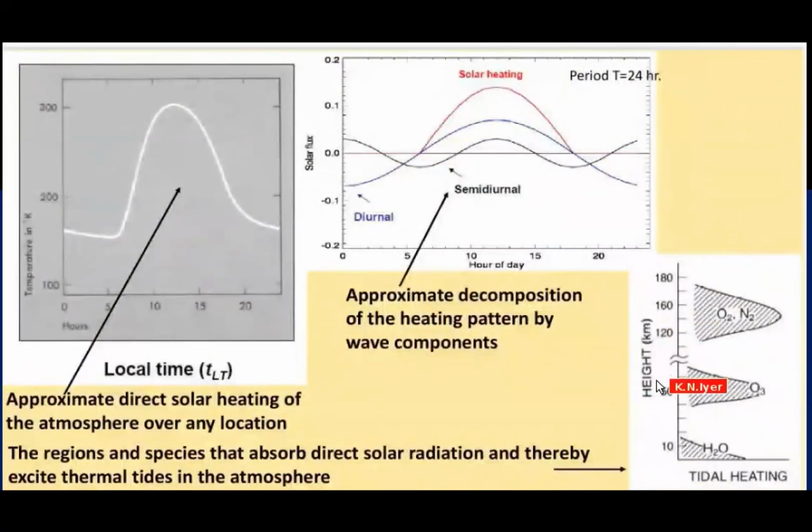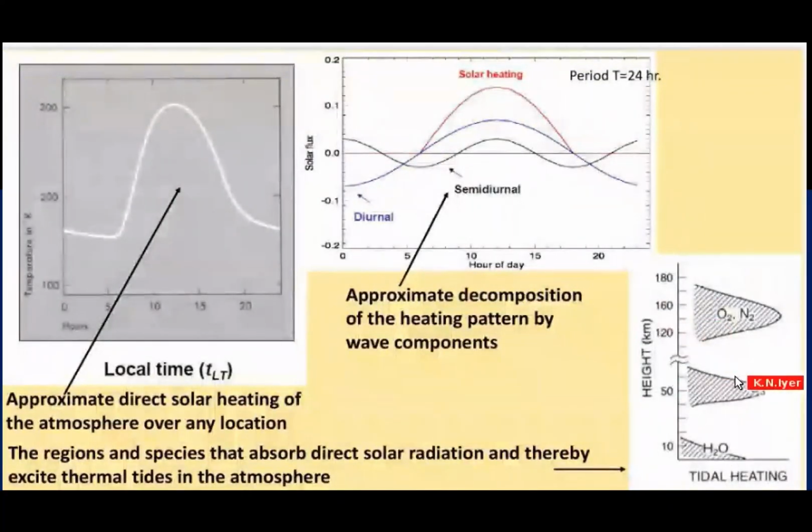So the heating is due to the various constituents absorbing solar radiation in the atmosphere. For example, below about 10 kilometers, in the troposphere, it is the water vapor which absorbs solar radiation and produces heating. So this is the heating rate versus the height.